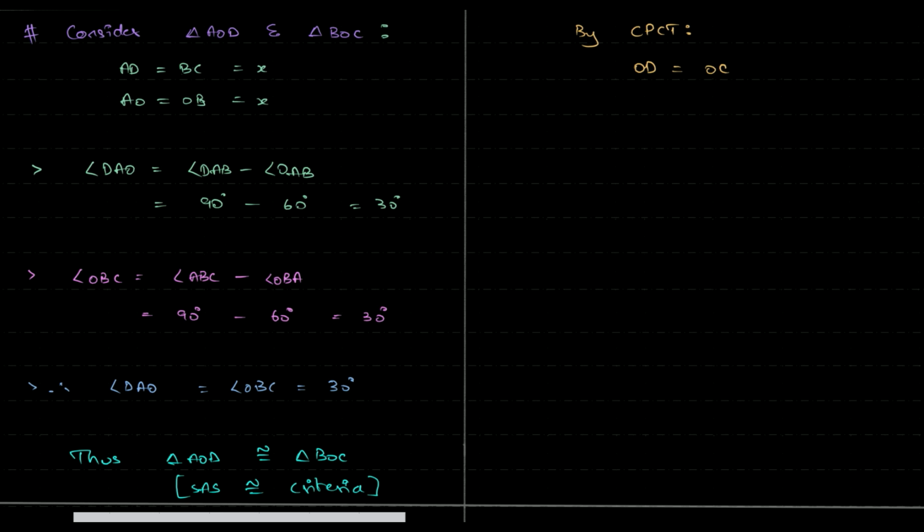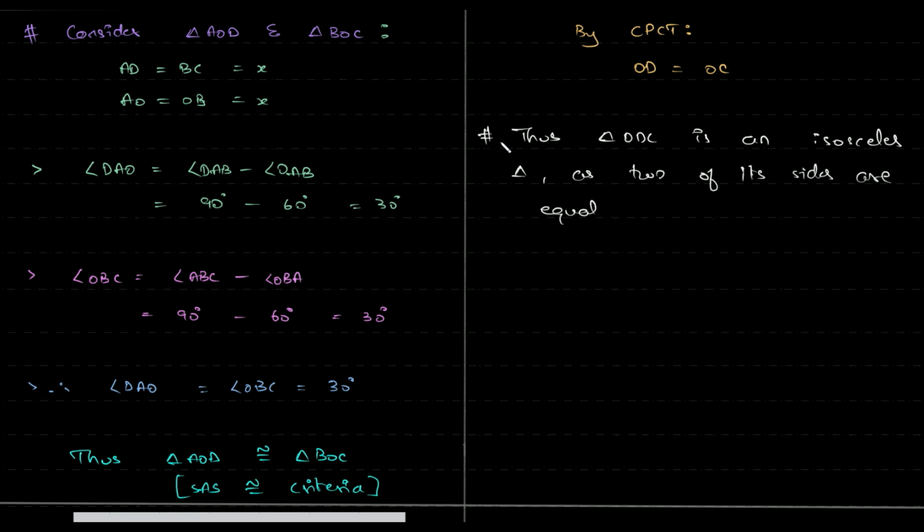And now on to the triangle. Thus, triangle ODC is an isosceles triangle as two of its sides are equal. And that would be your answer, hence proved.